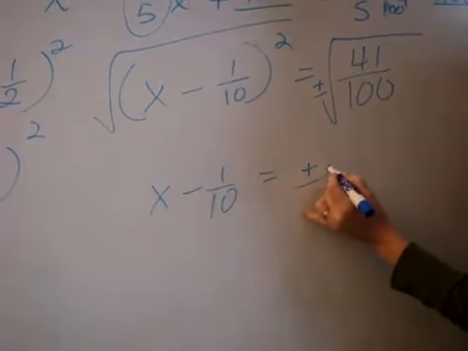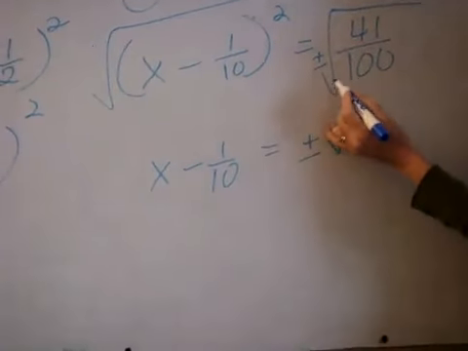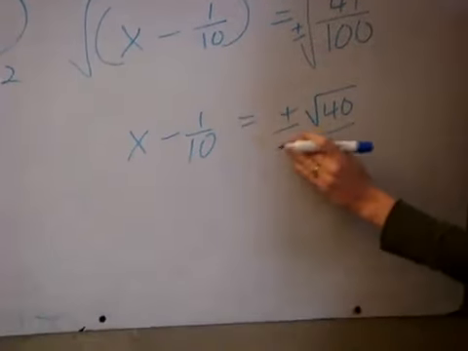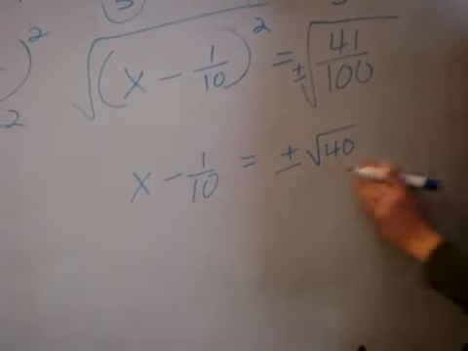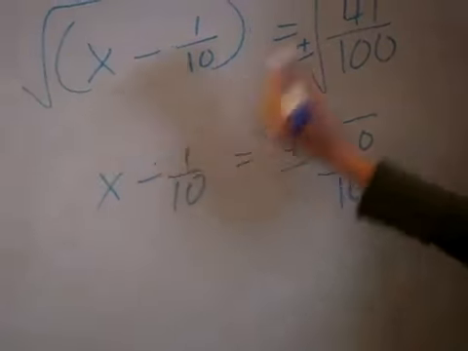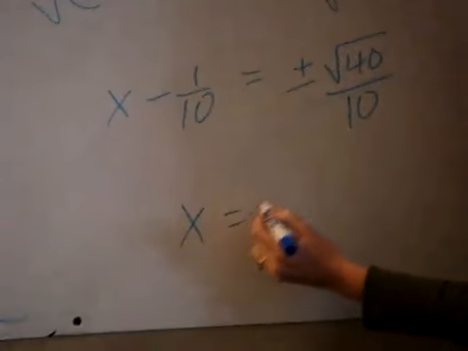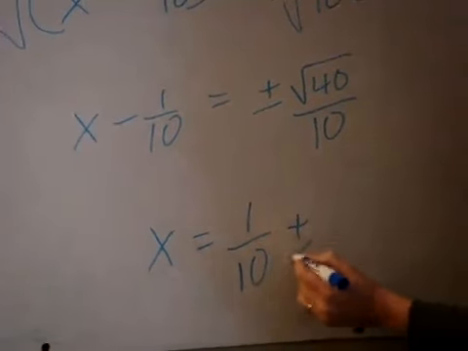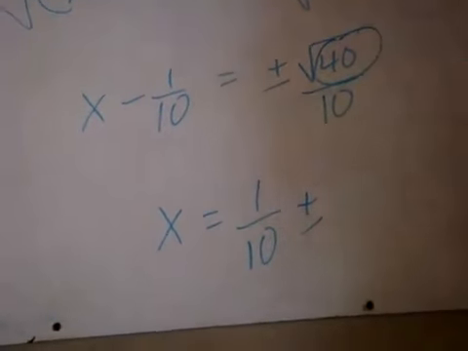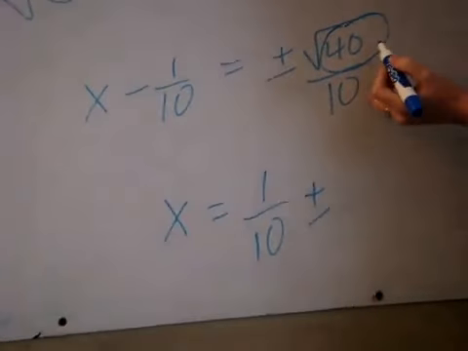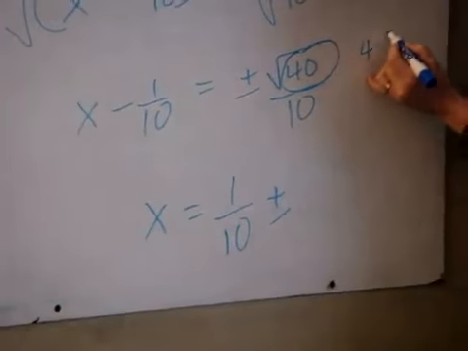equals plus or minus the square root of 41. And remember, the square root of 100 is just 10. So I'm just going to put this over 10. Add 1/10 to both sides, so we get x equals 1/10 plus or minus. This can be simplified. It's not in simplest form. This is 4 times 10.